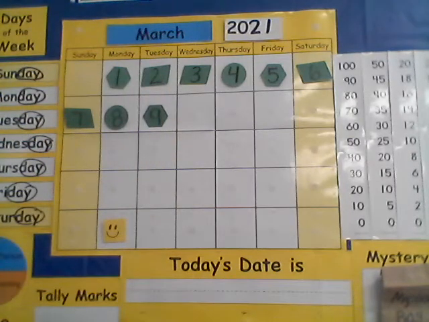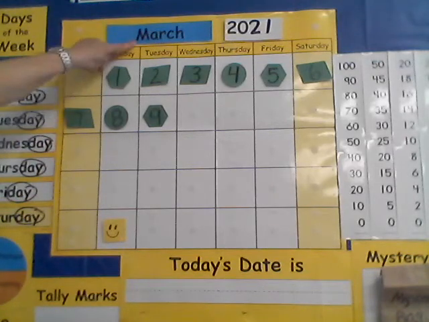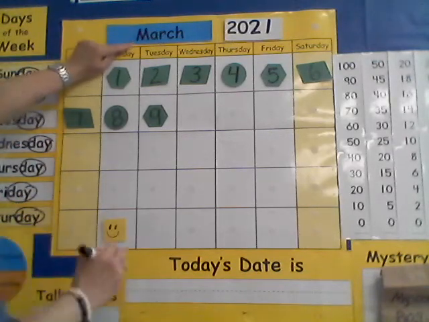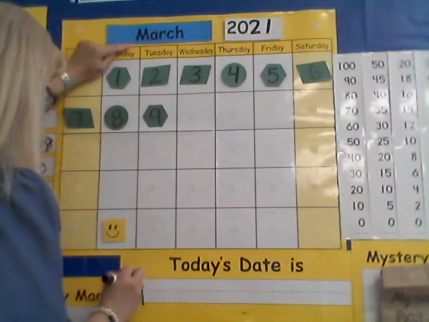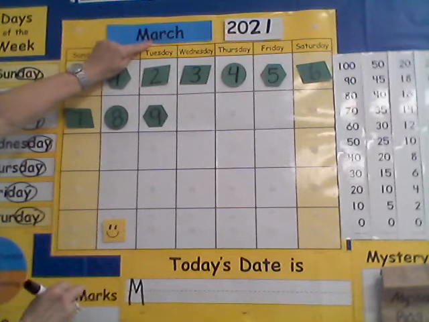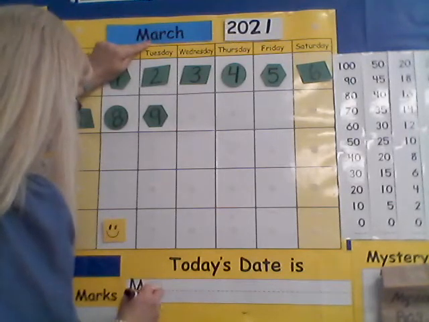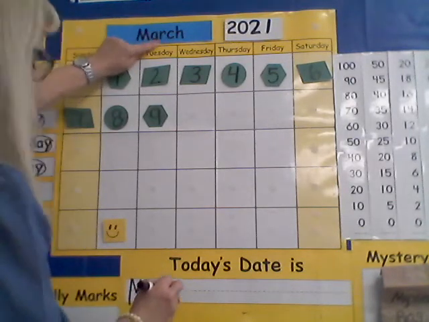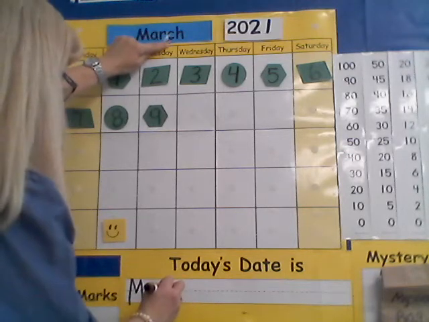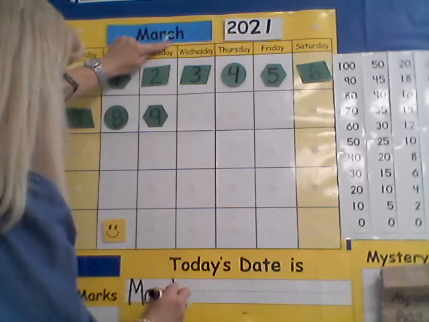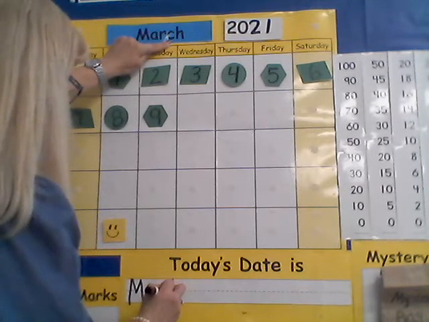And let's go ahead and help Gwen with the letters in the month, beginning with capital M, A, R, C, and H. And C and H make what sound?